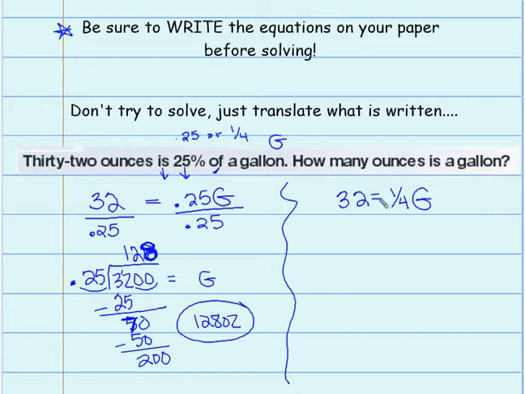Okay, let's see what happens when we use the fractions. Right now we are multiplying by 1/4, so we can divide both sides by 1/4, or we can multiply both sides by the reciprocal.